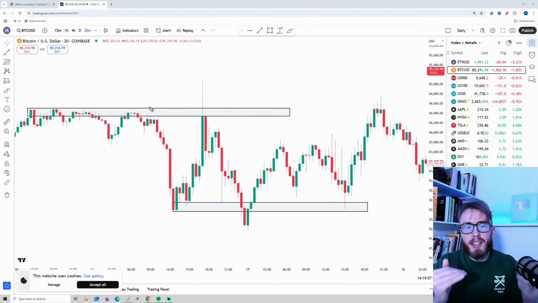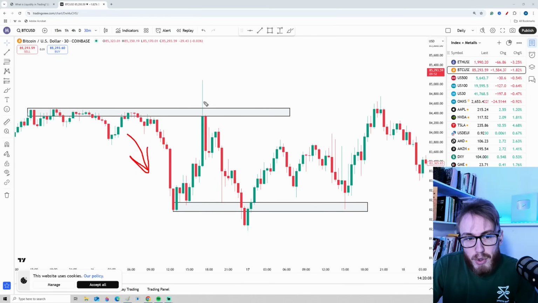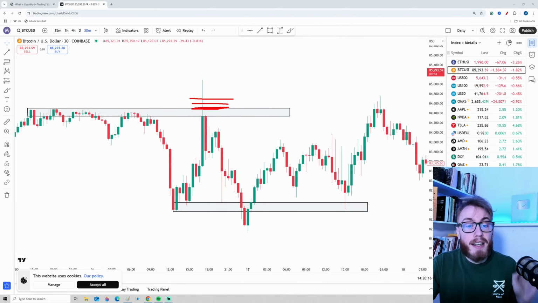And when we have such a clear resistance level, what many traders usually do, imagine traders that are going short here, that bet that the price will go down, they usually tend to place their stop losses either at the resistance, so somewhere around here, or just above the resistance.